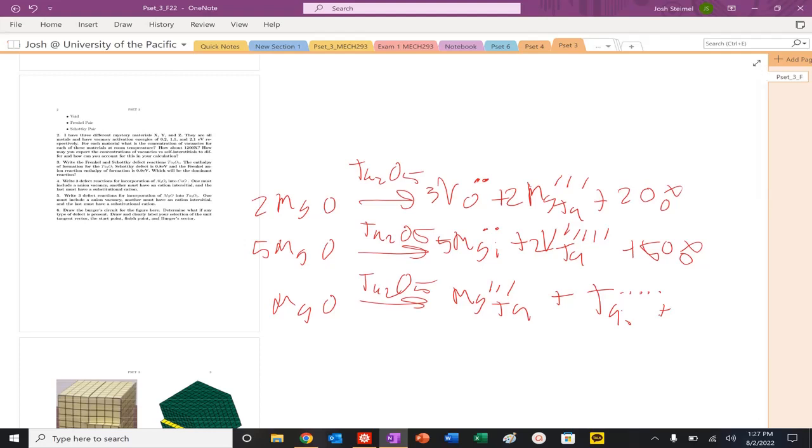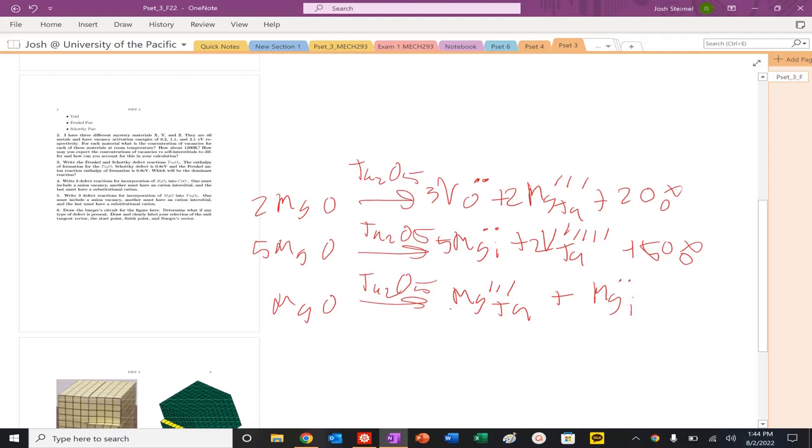Actually, I'm not going to do the Ta either. I can't do the Ta because we don't want to create the interstitial there, since our charge balance will be messed up. So instead, let's take a different route. Let's go ahead and add a Mg interstitial. That's going to be a 2 plus.